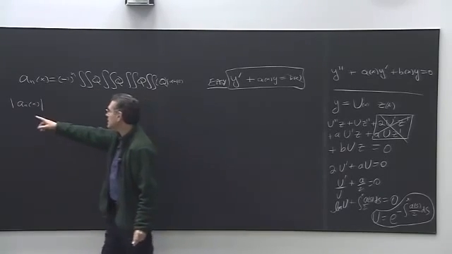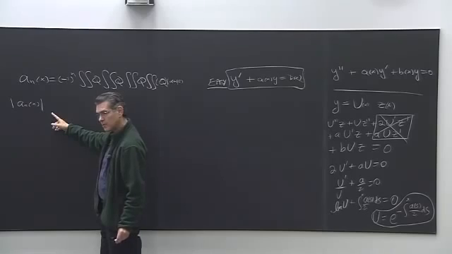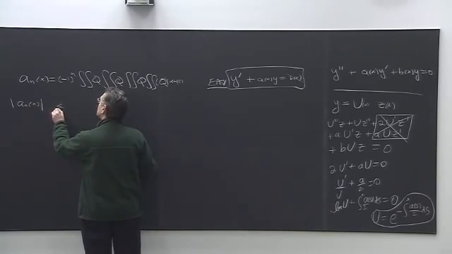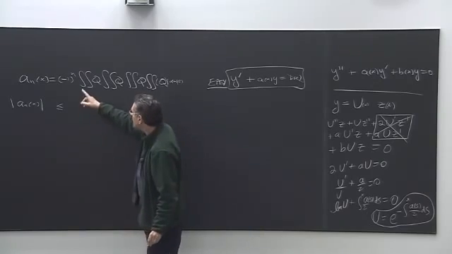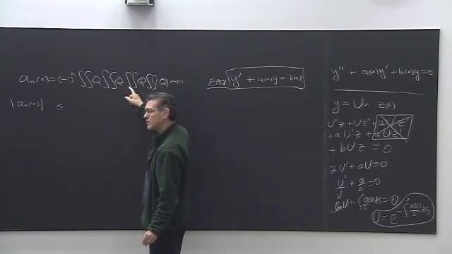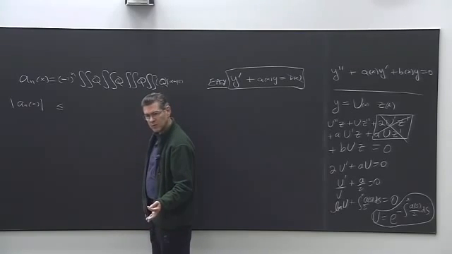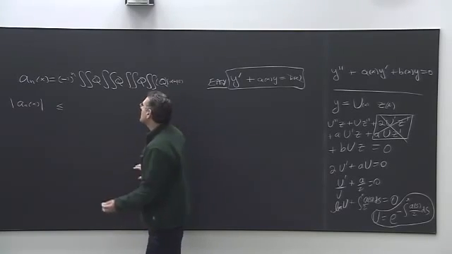So if I take absolute values, this is less than or equal to, if I have an integral and a function and an integral and a function, you've learned bounds on integrals, right?